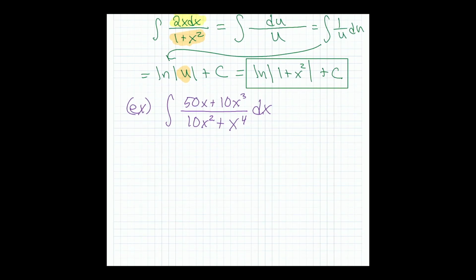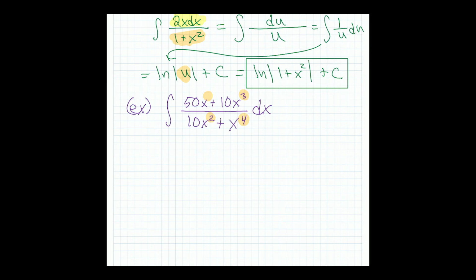What you should notice right away, you don't know for sure when you look at this whether or not it's going to work out with a substitution, but what you definitely want to notice is that this is a fourth degree and this is a third. So the term on top could be the derivative of the one on the bottom. And the same thing over here. This is second degree and this is first degree, right? So the bottom is degree 2 and 4, and the top is 1 and 3.